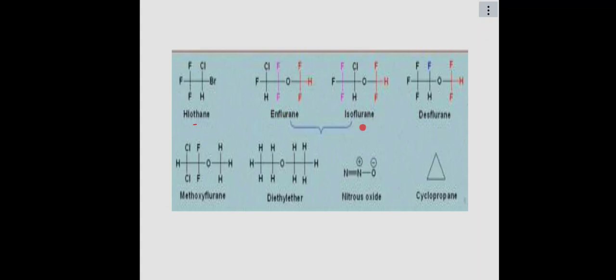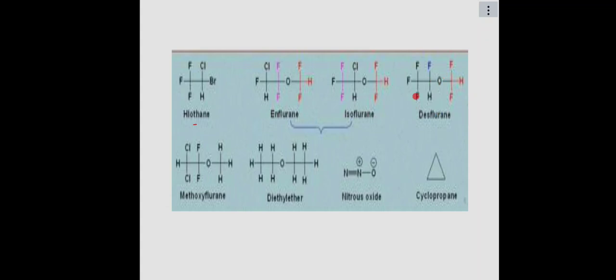If you look at enflurane and isoflurane, these two are the same in terms of their condensed formula. Their difference is in the positioning of the atoms, whereby we can say enflurane and isoflurane are constitutional positional isomers. They only differ in the position of specific atoms, but their condensed formulas are the same.